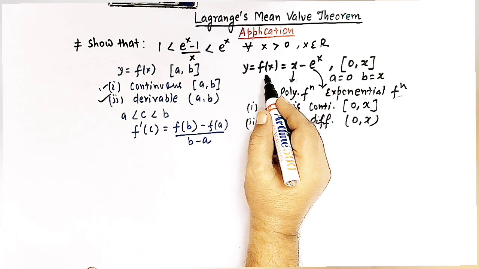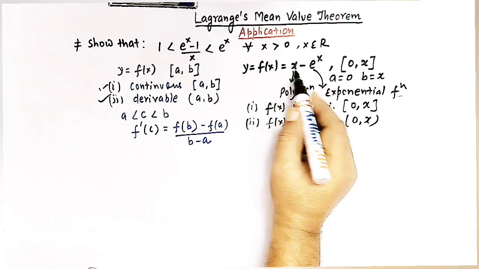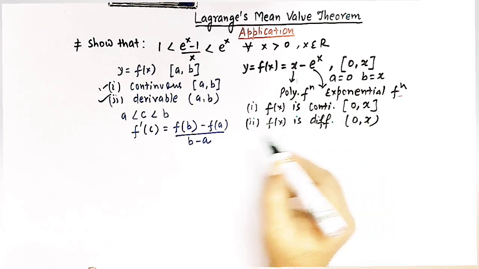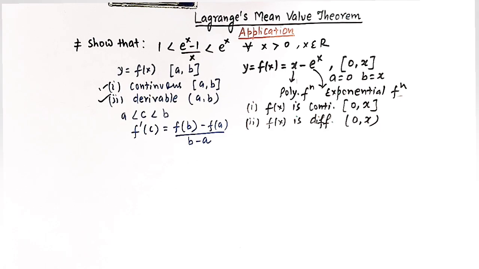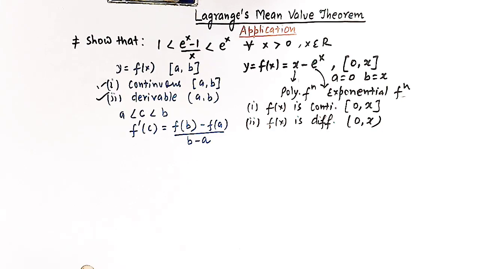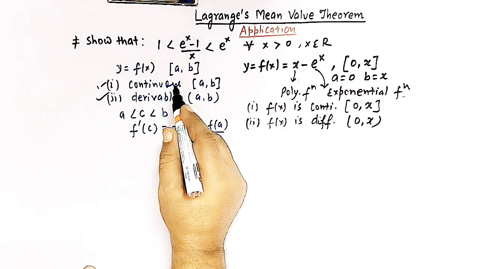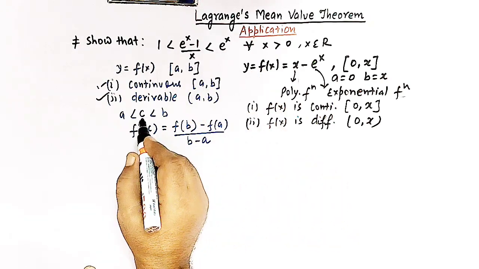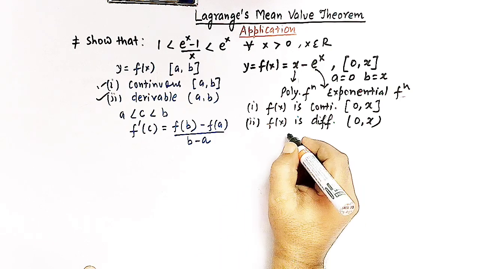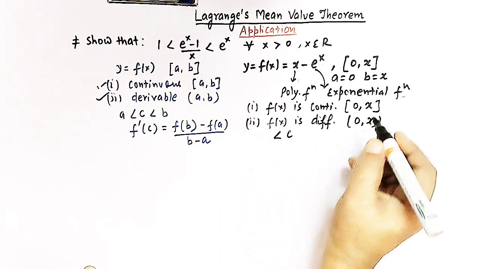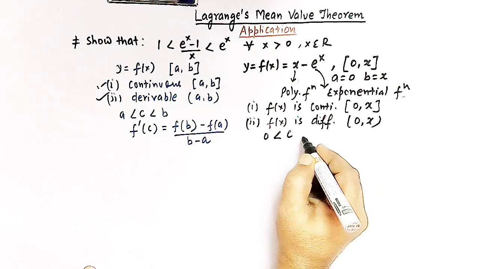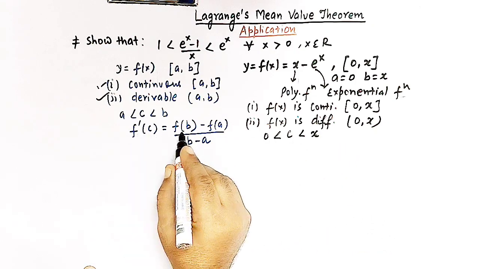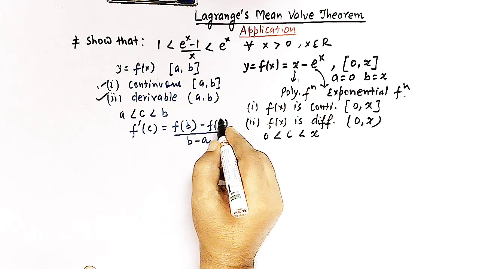So our function f of x is equal to x minus e raised to x is continuous and differentiable. So f of x satisfies these two conditions of Lagrange's theorem. Hence, there must exist a point c between 0 and x such that f prime of c is equal to this expression.